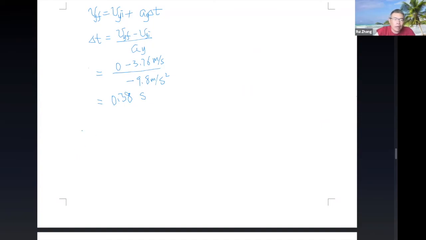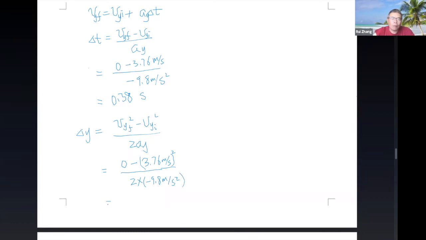So in our case, delta y equals (Vy final squared minus Vy initial squared) divided by 2ay, right? Now, if we plug in numbers here, we have 0 minus 3.76 meters per second, the whole thing squared, divided by 2 times negative 9.8 meters per second squared.